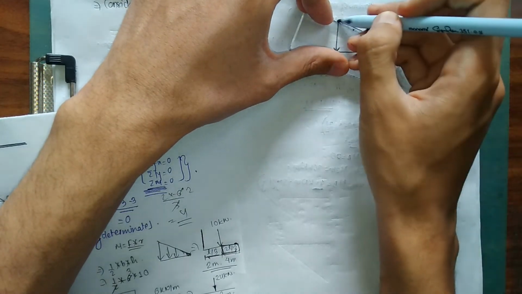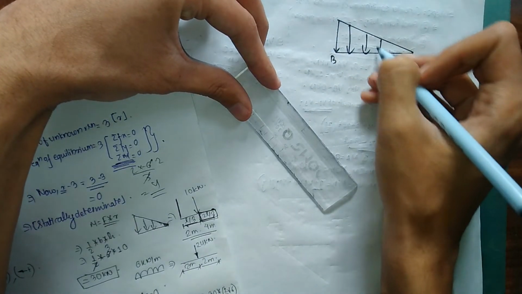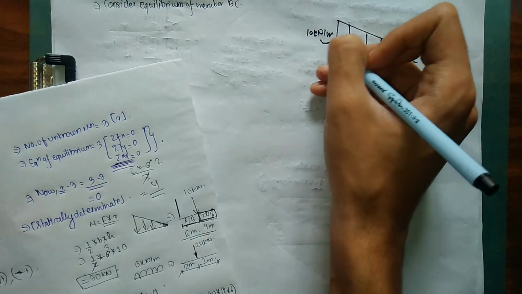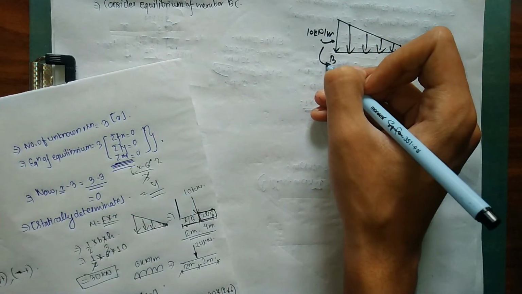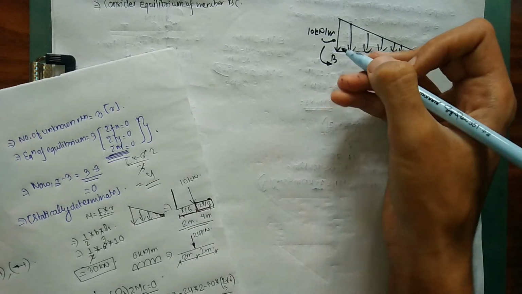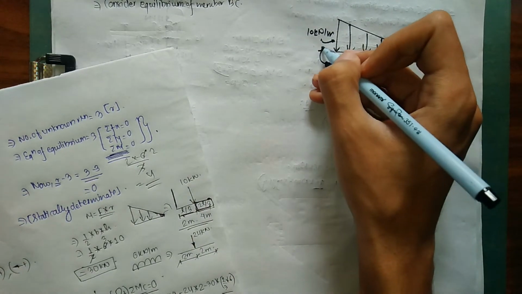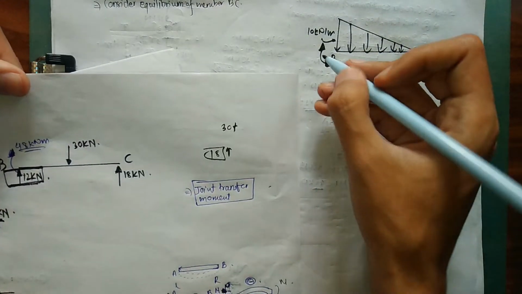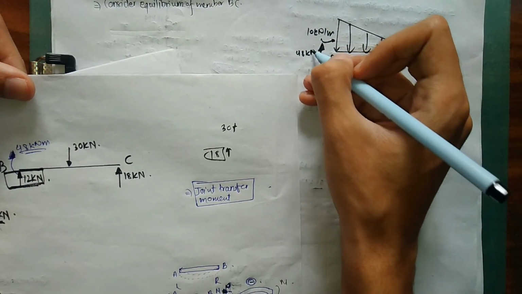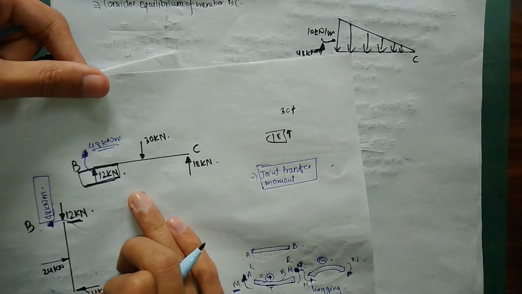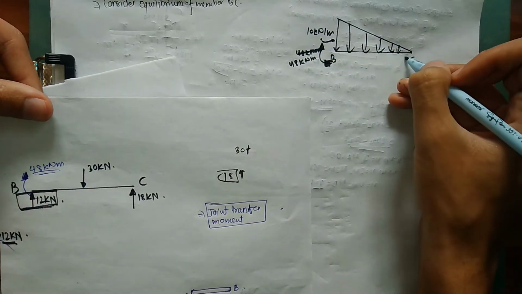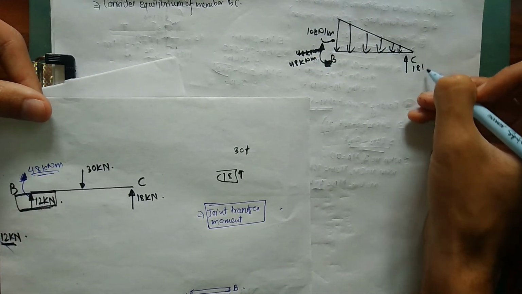There is my UVL of 10 kN per meter, and I have a certain moment about B in this direction, my moment of 48 kN meter, and for my C, I have 18 kN. These are all the forces acting over here.